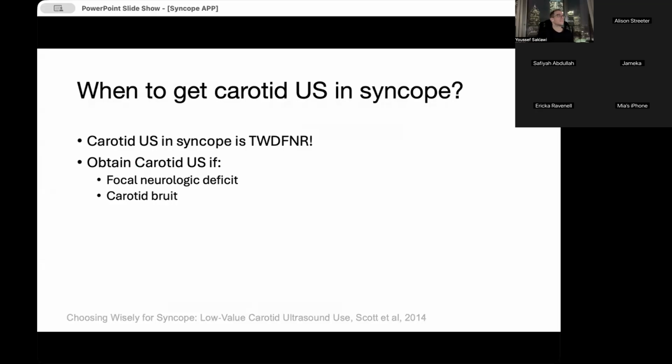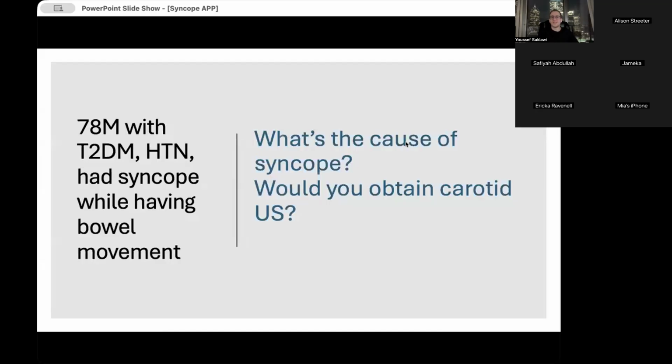The main reason is that carotid stenosis on its own will almost never cause syncope unless you have a stroke or a carotid steal. Personally, I've never ordered a carotid ultrasound purely for syncope. I order it mostly for stroke workup, but otherwise, it's not indicated in syncope.